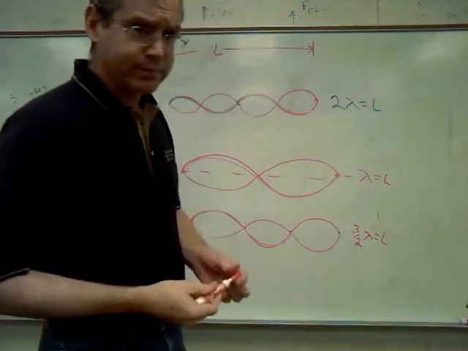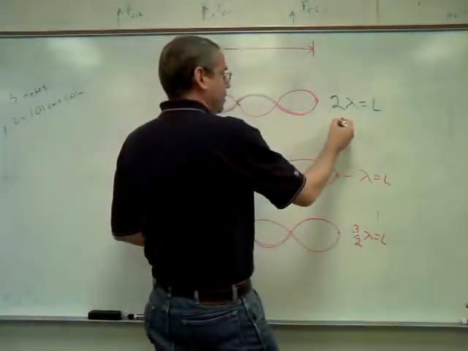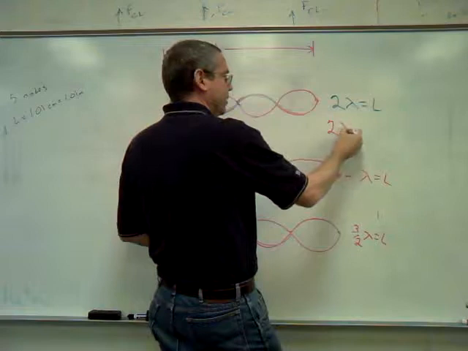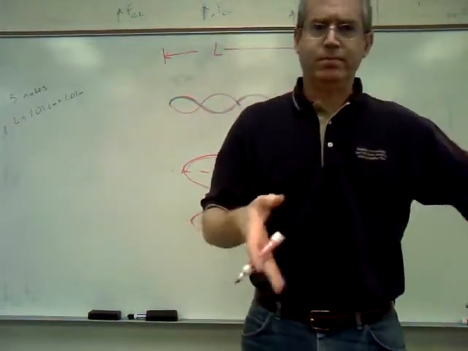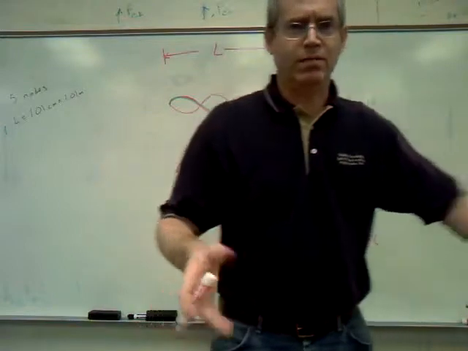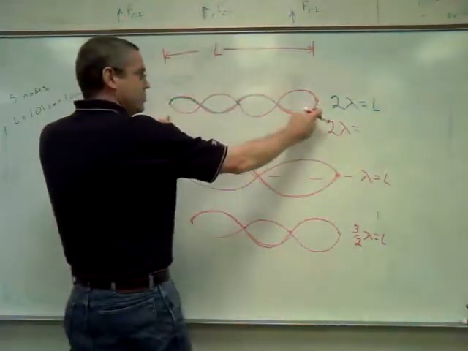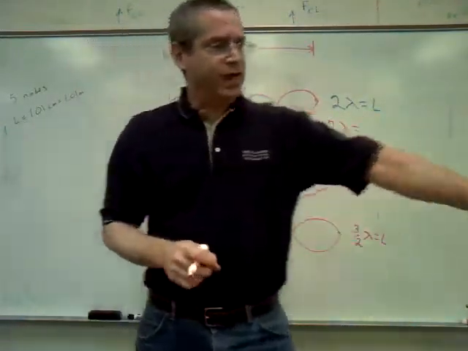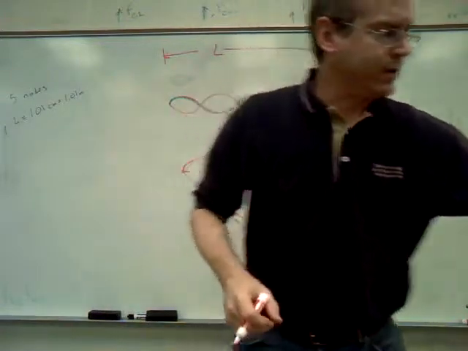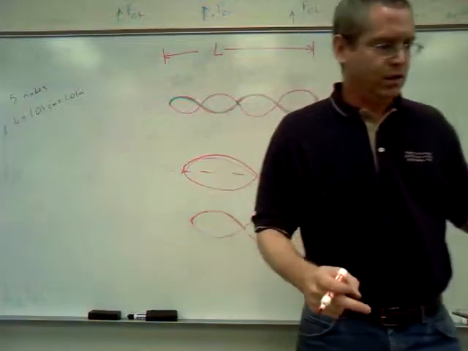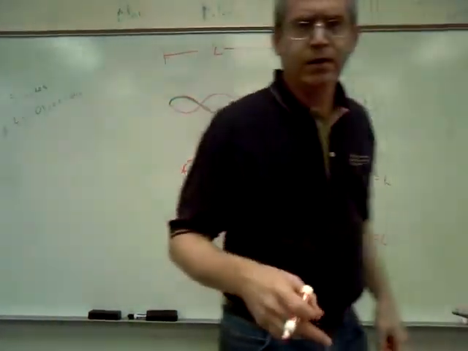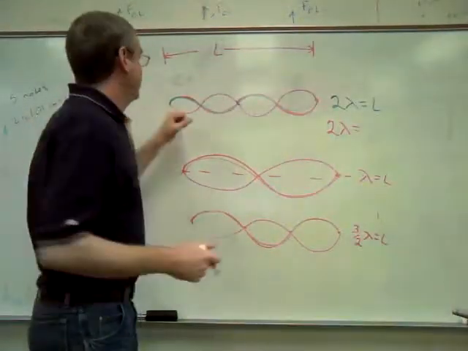Well, I measured the distance from the nodes to the nodes, and I'm pointing to where the objects were. I measured this distance on the string. That's from the tip of the vibrating string, from this point right here to the top of the pulley, because that was the other node.